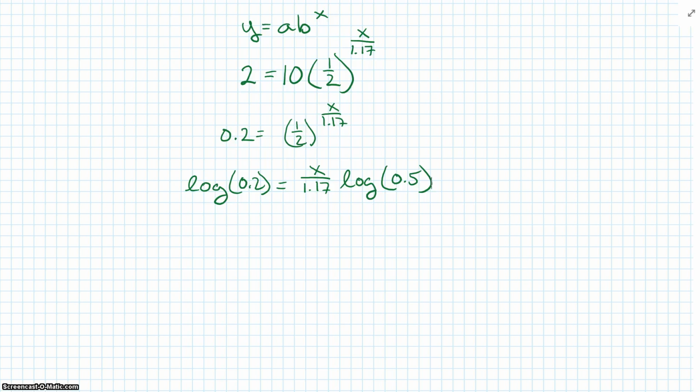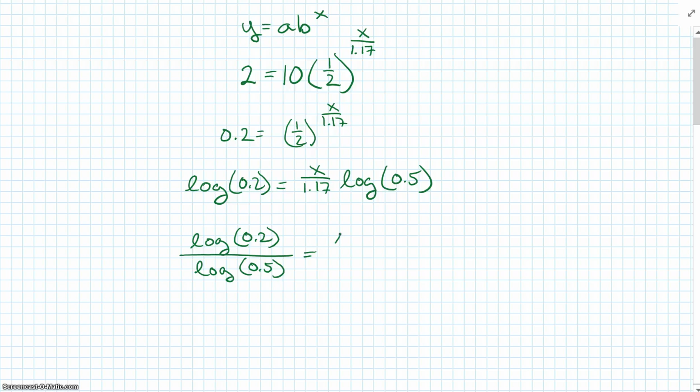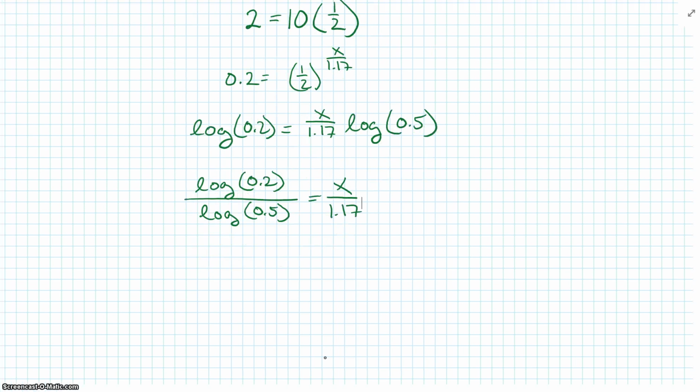Divide each side by the log of 0.5. So the log of 0.2 over the log of 0.5 equals x over 1.17. So multiply each side by 1.17 to get it over.